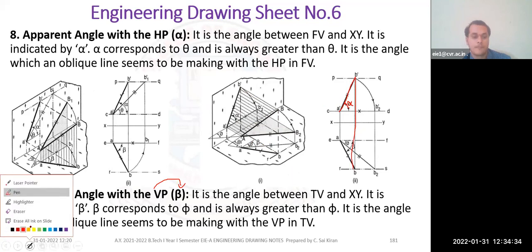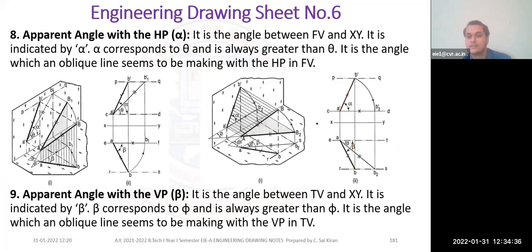I'll explain once again. Listen. This is my XY line. I gave my phi. This is my actual line. Then I rotated this one. I made this inclination phi, and already I gave my inclination alpha.